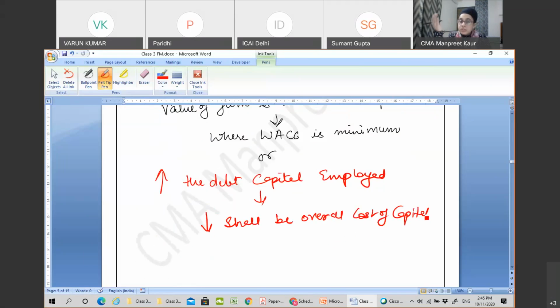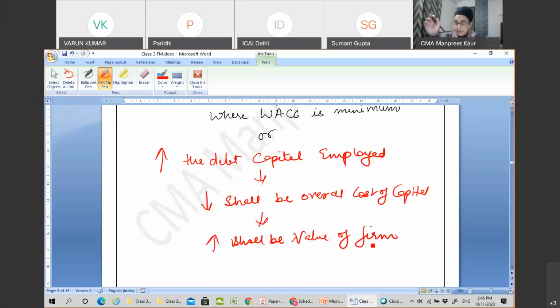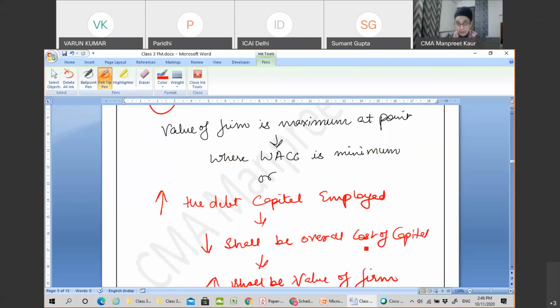If the debt capital is more, then overall cost of capital is less. Therefore, more shall be the value of the firm. In net income approach, if the debt capital is more, overall cost of capital is low, therefore value of the firm is more. At the maximum point, WACC is minimum and value of the firm is at maximum point.